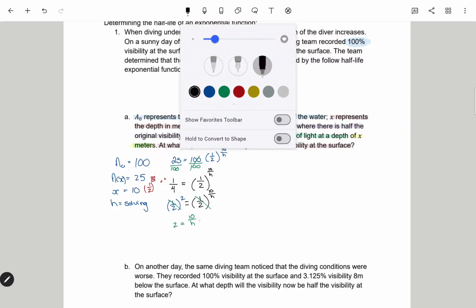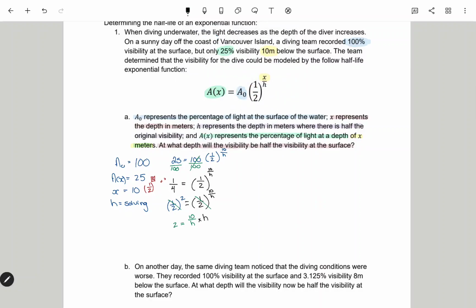Can't solve with my variable in the bottom, so I'm going to multiply both sides by h to get that h out of the bottom. So we're going to have 2h equals 10. Divide both sides by 2. We get h equals 5. Again, that only gets us part of our marks, because this is a word problem, we have to write our sentence.